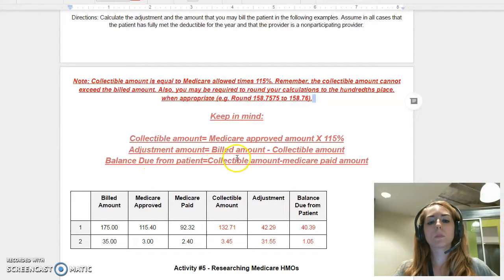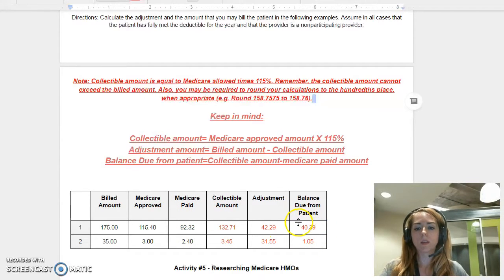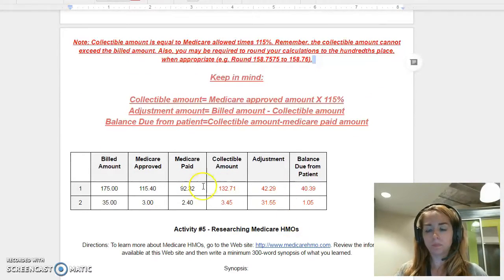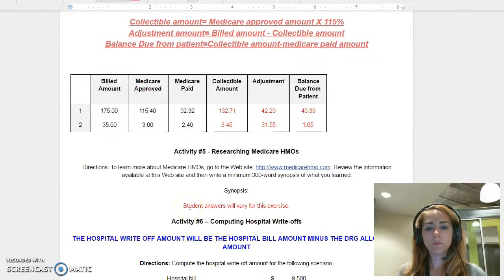The balance due from the patient equals the collectible amount minus whatever Medicare paid. So keep those in mind.